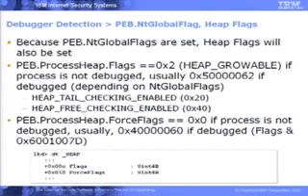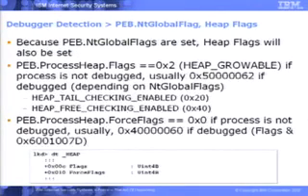Other flags that the packer can check are the process heap flags. Because the flags are set in NtGlobalFlag, the initial heap created for the process, its flags are usually 2 if the process is not being debugged.